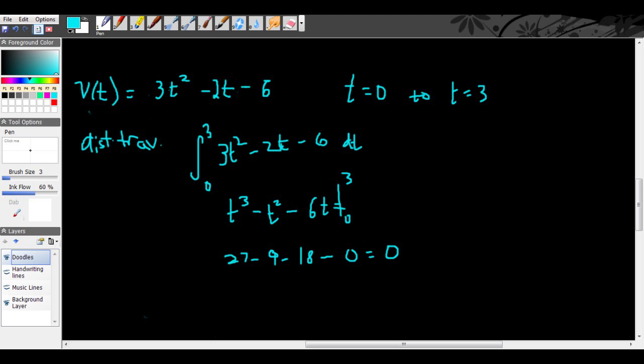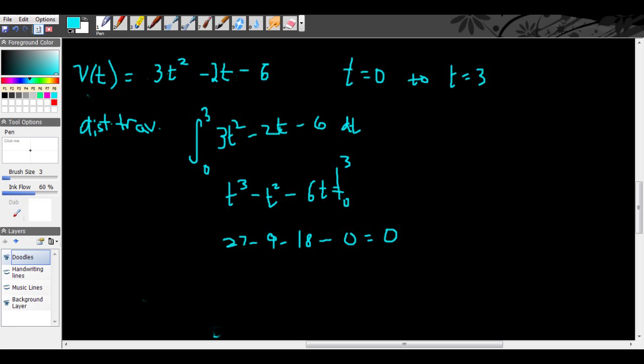So something bad happened here, and we need to figure out what, because the velocity is nonzero at most points. There's no way velocity is always 0 during this time. If it were always 0, then the distance traveled would be 0. But this isn't the case. The reason we're running into a problem is that somewhere along the line, the velocity changes direction.